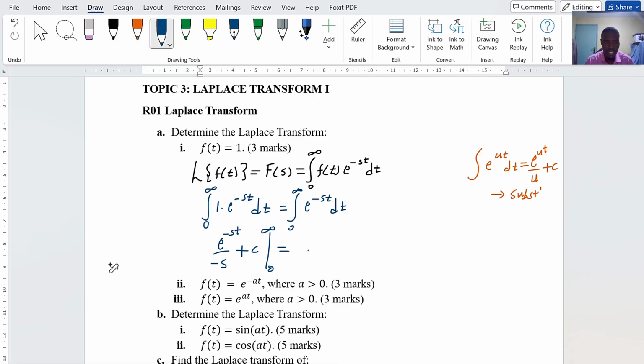Now, we substitute the higher bound, and we get e to the negative s times infinity, which is our time, over negative s, plus c. Then we are subtracting the lower bound, where we now substitute 0. So e to the power 0, because 0 times s will become 0, over negative s plus c.